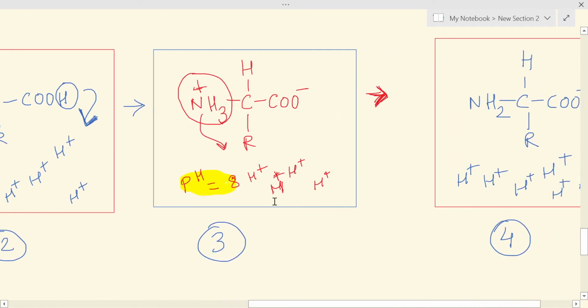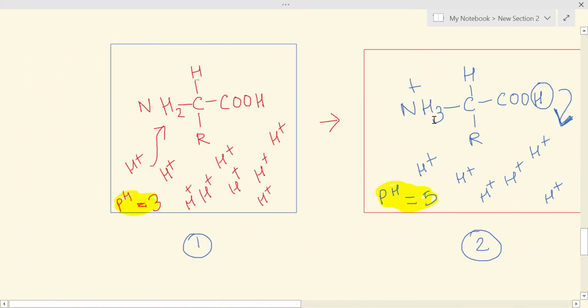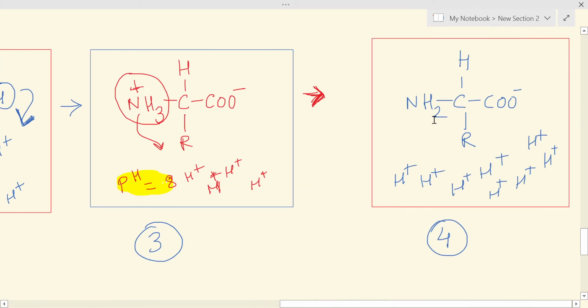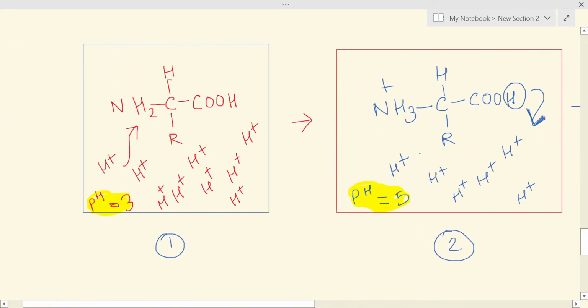Now even lesser amounts of hydrogen ions are in the medium. So this ammonium ion will release its hydrogen ion in the medium, and this will become NH2 again. So the concentration of hydrogen ion will be maintained in the medium.